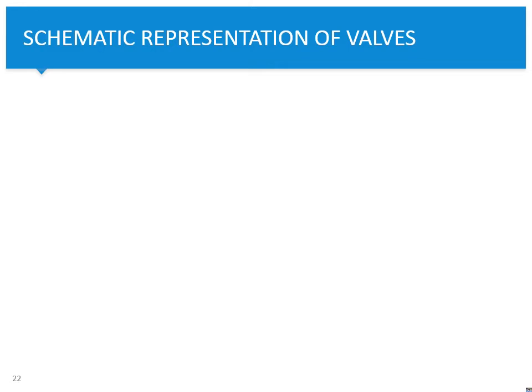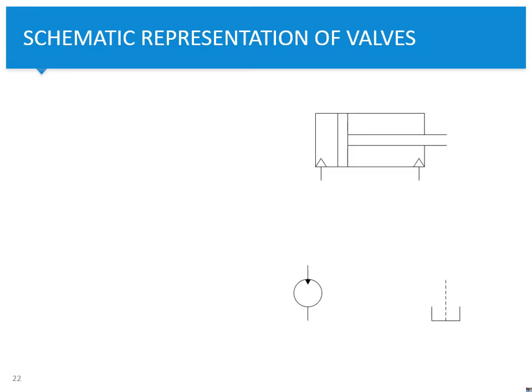So first I'm going to start with drawing this cylinder, and on the left hand side I draw the pump. So this is the symbol, the schematic representation of a pump. On the right hand side, and I think that's really clever, it's a relief valve, or it's a reservoir, an open reservoir to which we can return the oil.